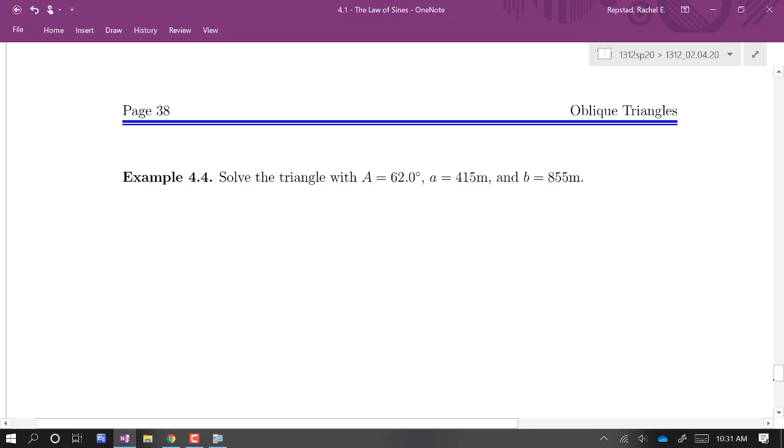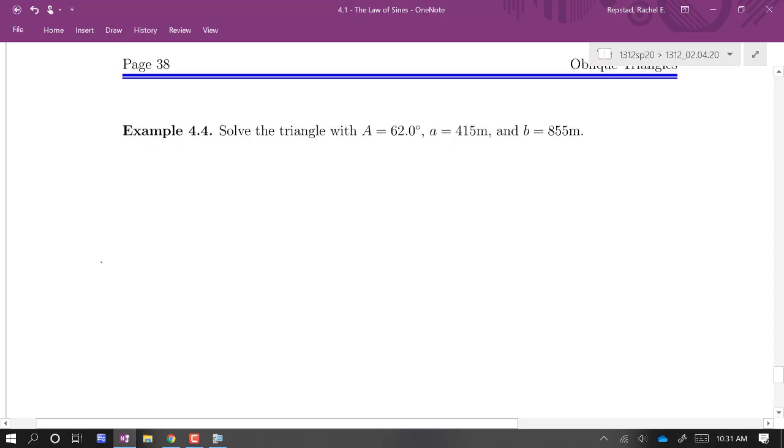Okay, let's do one more. Again, we'll note that they've given us one angle and a side opposite one of those angles. I'm going to start by drawing the angle on this side. Some people like to draw it on the other side, but I'm a creature of habit and always draw it here.